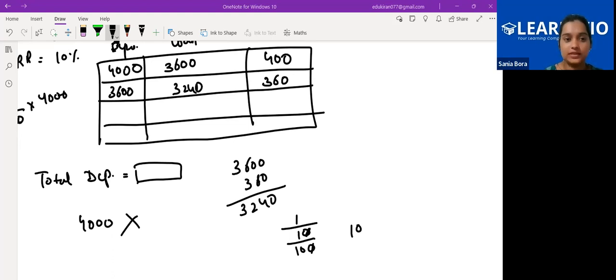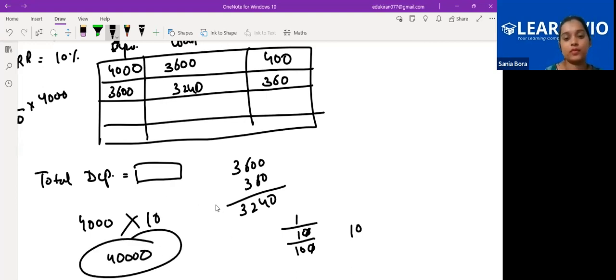So it will be 10, and it will be 40,000. Yes, that would be 10. So you will multiply this with 4,000. You will multiply 10, so you will get 40,000. Got it.